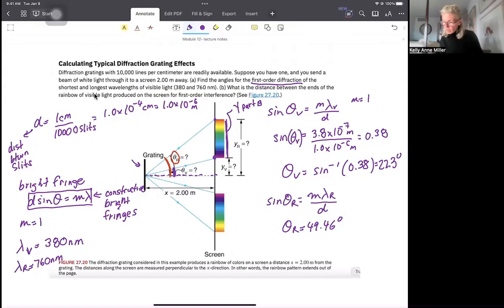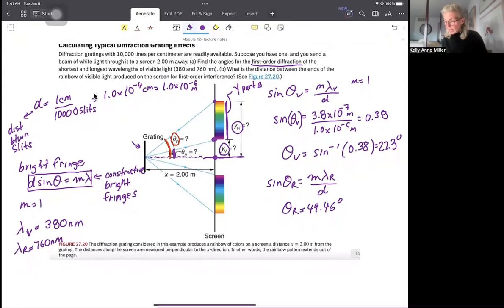Okay. So I can calculate the distance between the central maxima here and each of the two ends, based on the angle that I just calculated. I can calculate the y for the violet, the distance from here to here, YV, and then the distance from the center to red, which is YR.